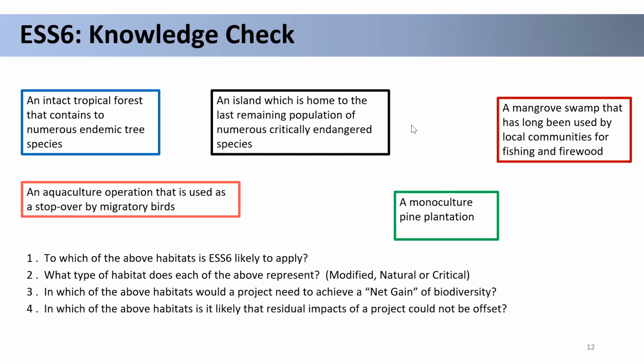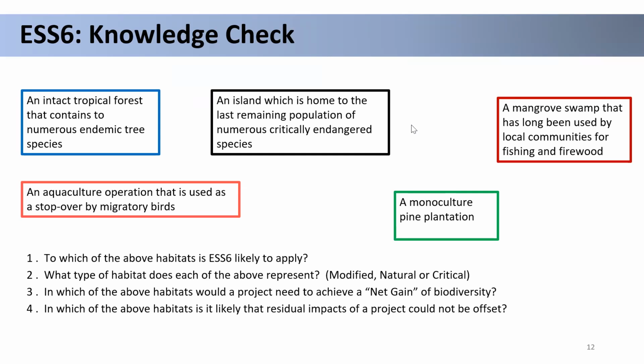So now the third question. In which of the above habitats would the project need to achieve a net gain? So like it's a must. We cannot just think about any other solutions. It must achieve a net gain of biodiversity, which implies that when you implement the project, the value of biodiversity at the end of the project needs to be higher than it was at the beginning.